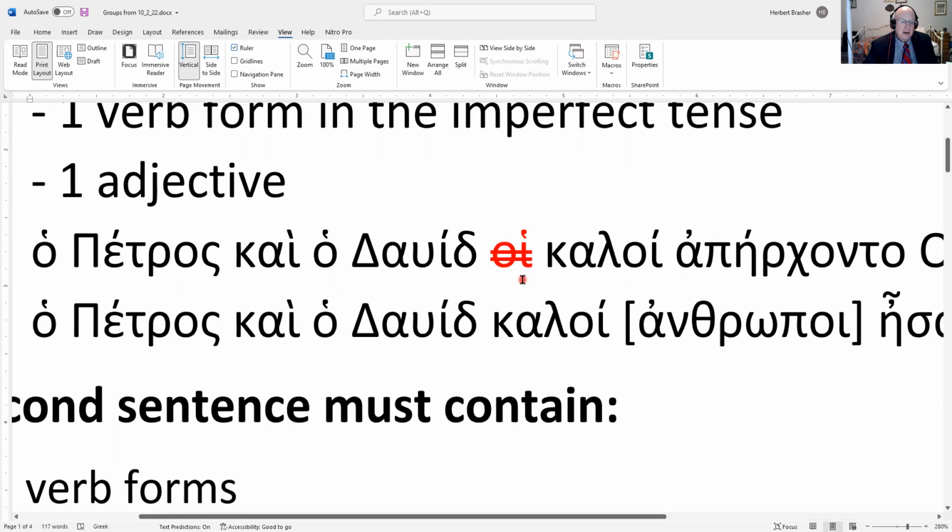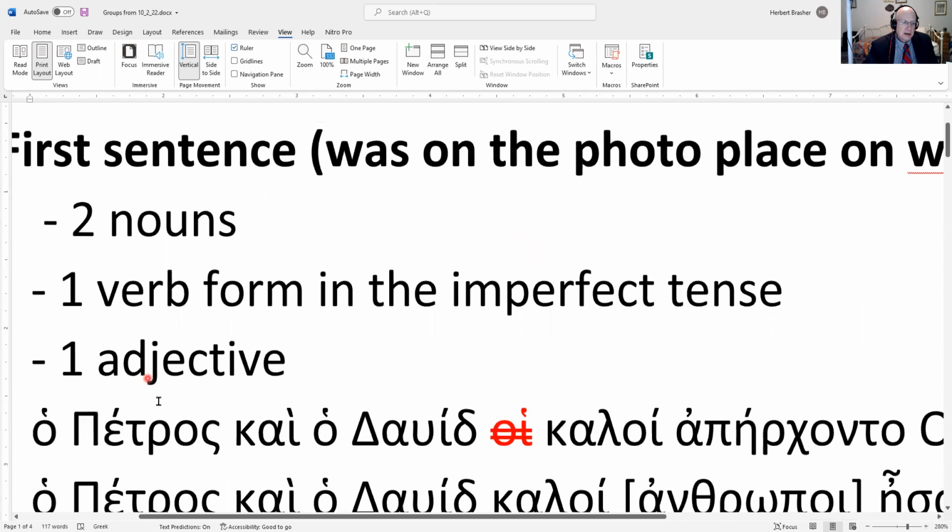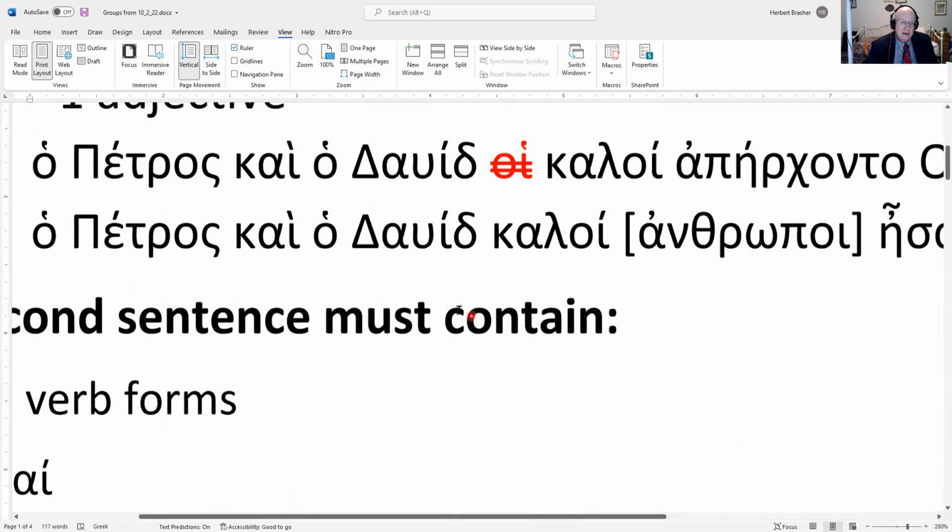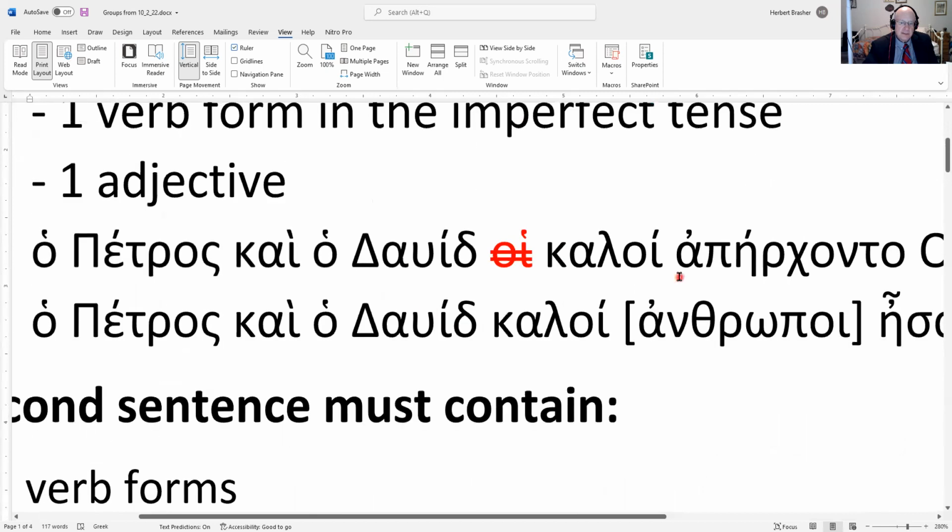So what I've done here to correct this even more than I did in class was to have ha Petros, kai ho Daoid. You did a good job putting the 2 nouns and the 1 adjective. Now we need the verb form in the imperfect tense. One way would be to use a verb like ap erchomai, and you notice that the augment comes here.